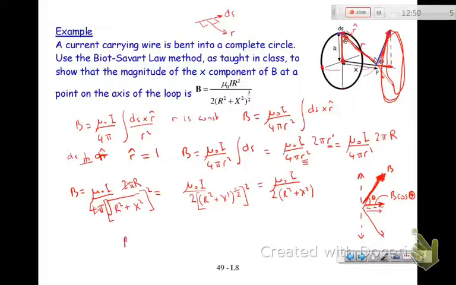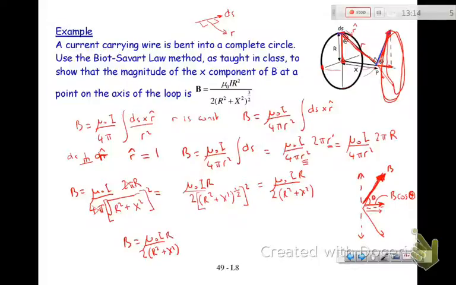So I say, well, my B is equal to mu naught I over 2 times R squared plus X squared. Now, hold on. Let me finish. Did I drop my R? I dropped my R, didn't I? Thank you. Let me finish, but thank you.